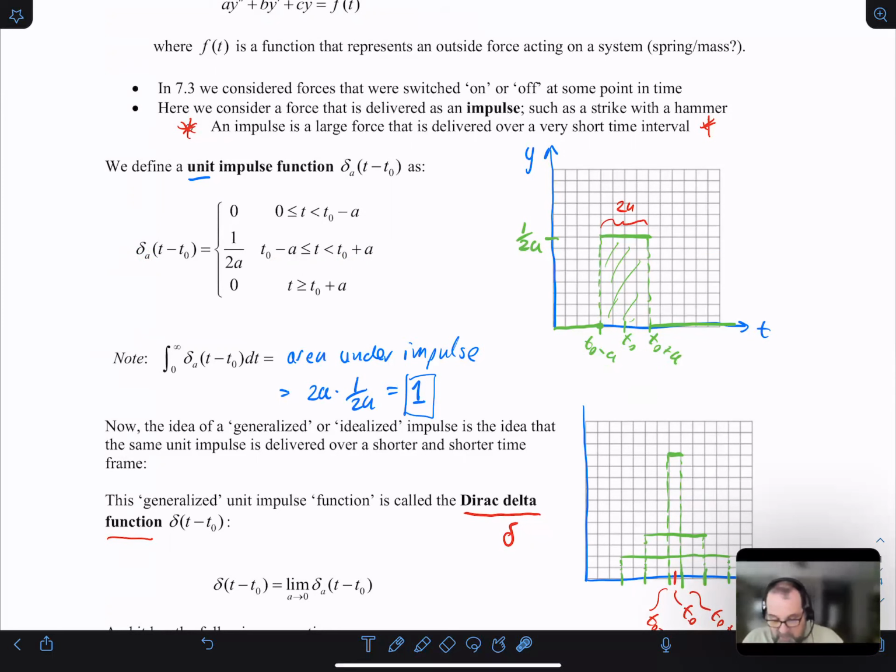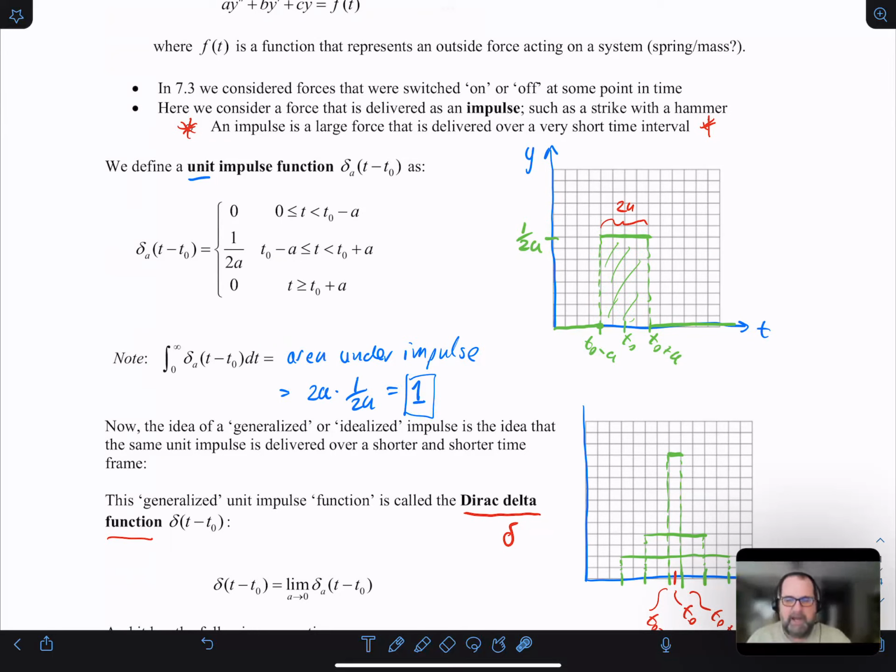Hence, we have a length of 2a and a height of 1 over 2a. Therefore, the total area, if we integrate over a unit impulse function, is 1, hence the term unit impulse.